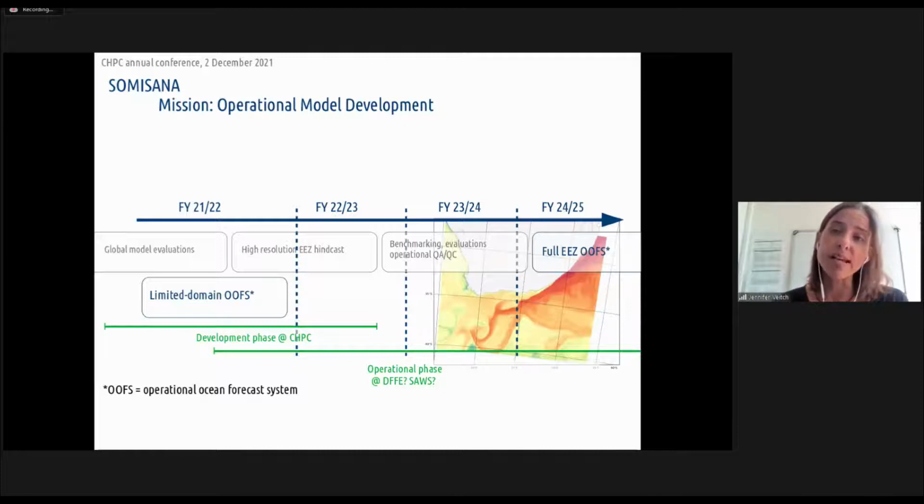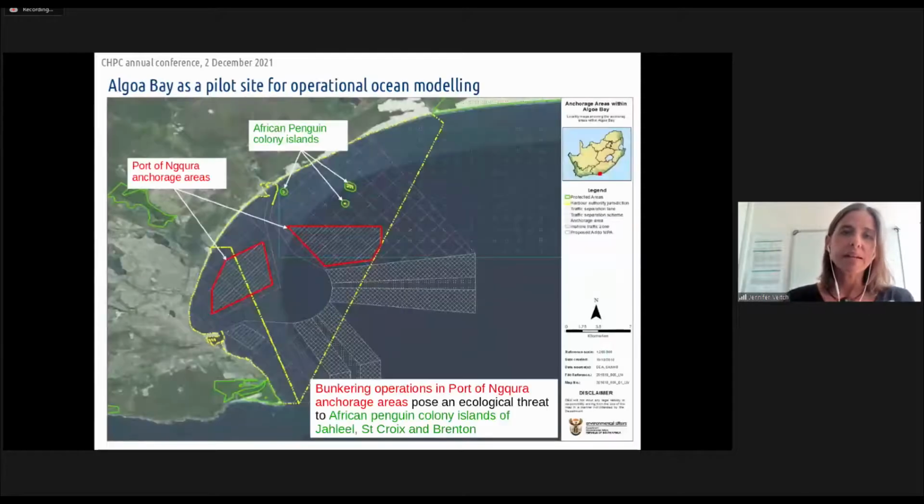Because of this, we've decided to implement a limited area, small domain forecast model of key coastal regions around our coastline that we disseminate operationally so that we can give operational forecast systems some sort of exposure while we develop our bigger system. The obvious first choice was Algoa Bay.